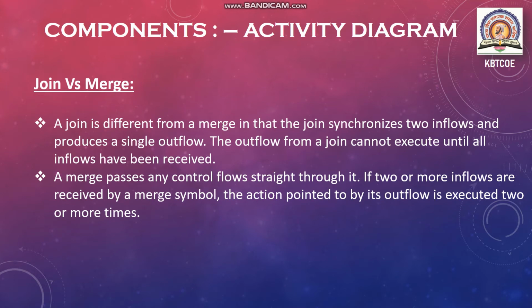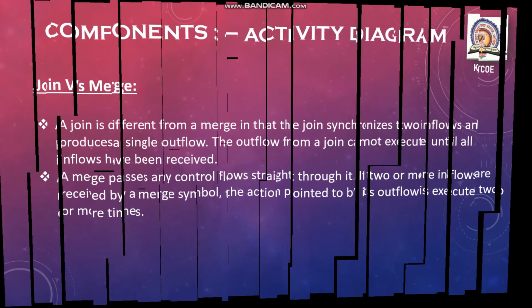It straightforwardly executes the output no matter how many times it receives the inflows. Suppose we have two inflows to our merge, then the outflow pointed to by the merge will be executed two times.